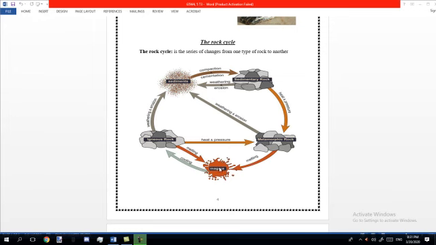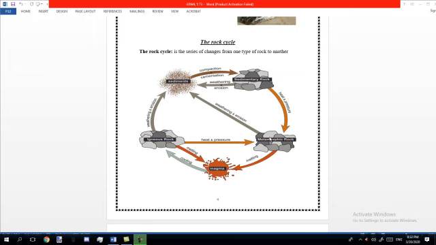So to summarize the rock cycle, you have to know that the sediments are formed by weathering and erosion of any type of rock. The sedimentary rocks are formed by compacting and cementing of sediments. So if you change any type of rock to sediments, these sediments can form the sedimentary rocks.